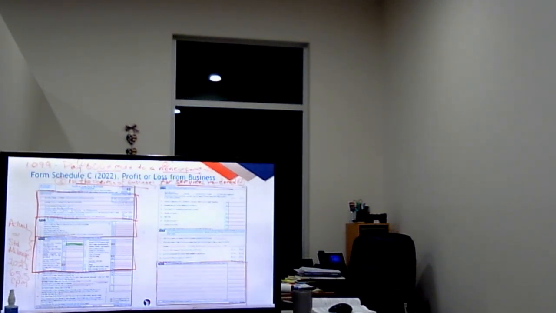And can you mix and match the same vehicle from year to year? Change it, or once you've committed to a certain version, then you've committed to that for the life of the vehicle? You can switch back and forth from year to year, except that if you take actual expenses the first year, you're locked into taking actual expenses for that vehicle for as long as you own that vehicle.